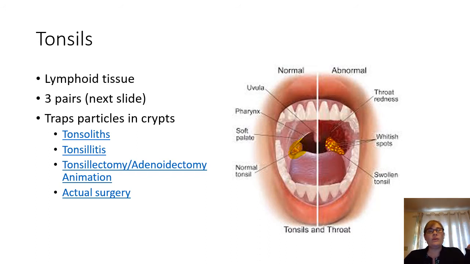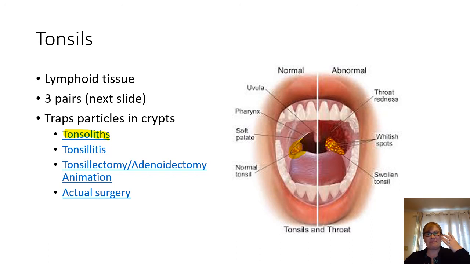So when you get a chance, you can check out these surgeries and these videos. I think the first one is pretty nasty. Tonsil liths. Lith means stone, so they're tonsil stones.